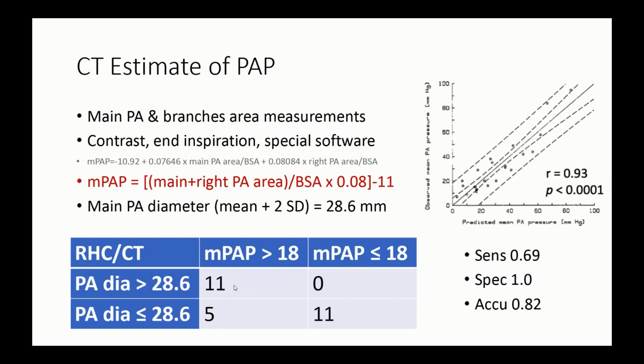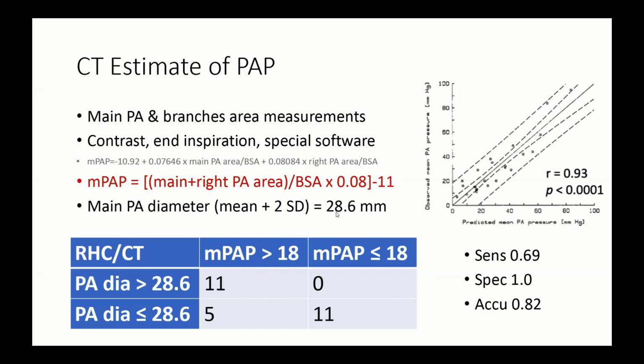And a 2x2 table was used to look at the sensitivity and specificity of those measures, comparing right heart catheter numbers on the top with the PA diameter cutoff of 28.6, which they considered the mean plus 2 standard deviations.